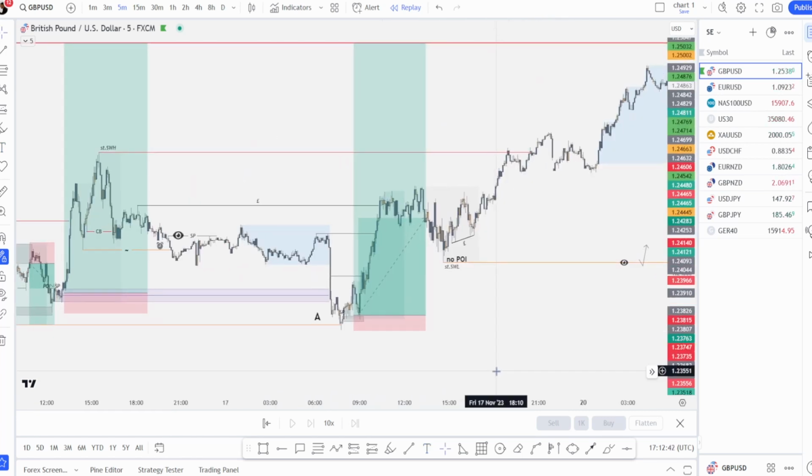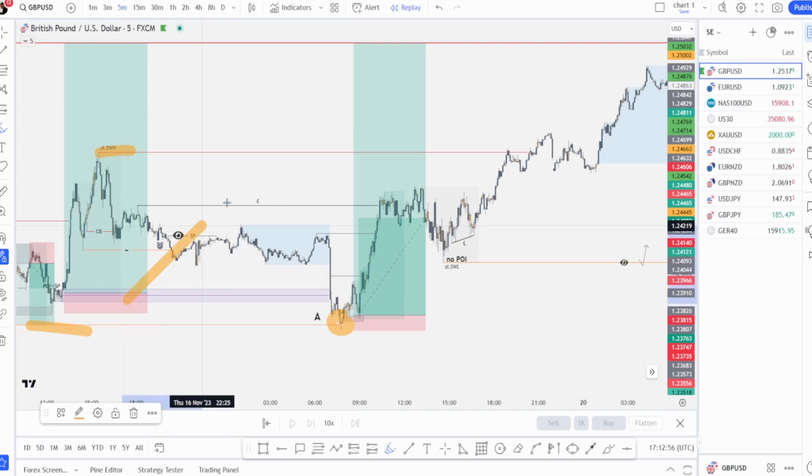So this scenario here is slightly different, but it's exactly the same principle. Now the reason I say it's slightly different is because we were playing within a short-term swing high and a short-term swing low, but nevertheless we swept that swing low. In other words, the range was bullish.